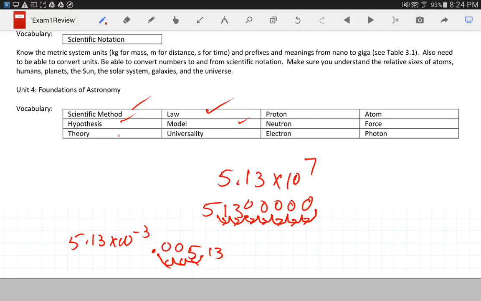Universality simply means it works everywhere in the universe. We believe that the laws of physics are universal, that everywhere at all times in the universe, the same laws of physics have applied. If that's not true, most of what we believe about the Big Bang Theory would have to be not true as well.